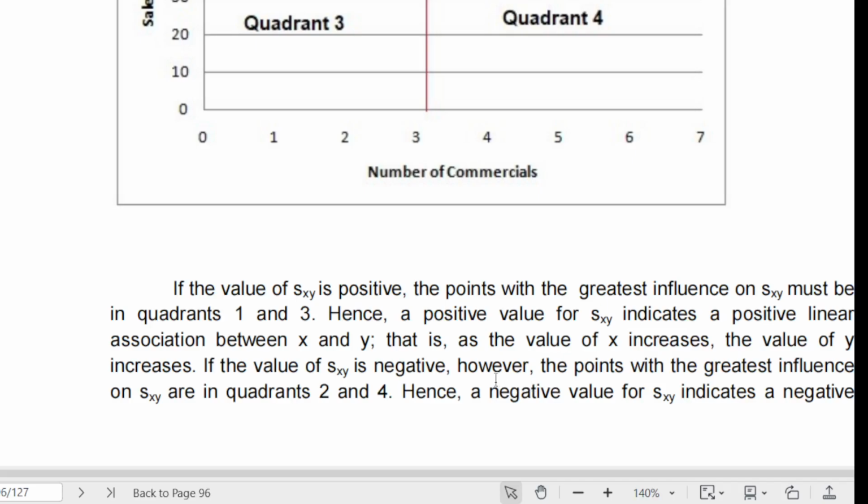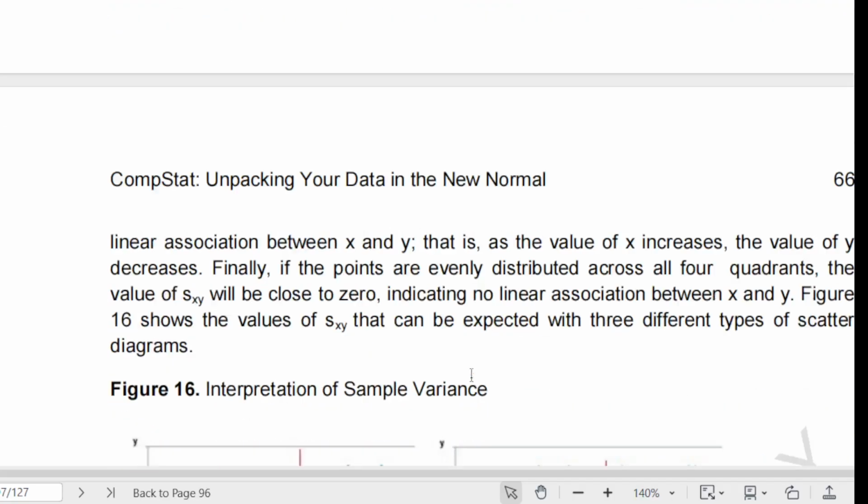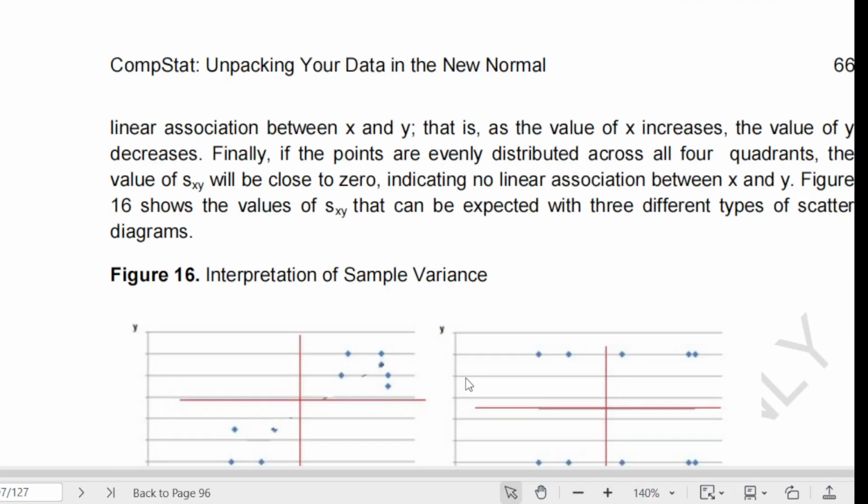Hence, a negative value for sxy indicates a negative linear association between x and y. That is, as the value of x increases, the value of y decreases. Finally, if the points are evenly distributed across all 4 quadrants, the value of sxy will be close to 0, indicating no linear association between x and y.